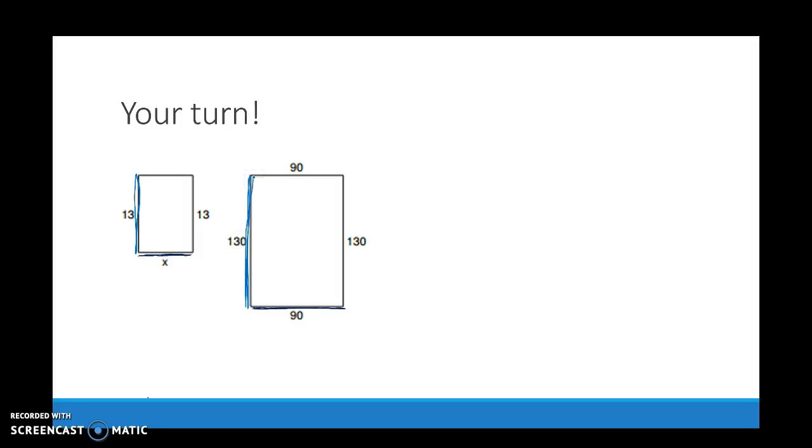So I want you guys to go ahead and write a proportion and solve for x. Alright, so go ahead and check your proportion before you solve, or maybe you already solved, but make sure that you got it right. This one's pretty straightforward. x over 13 equals 90 over 130, or you could have done x over 90 equals 13 over 130.